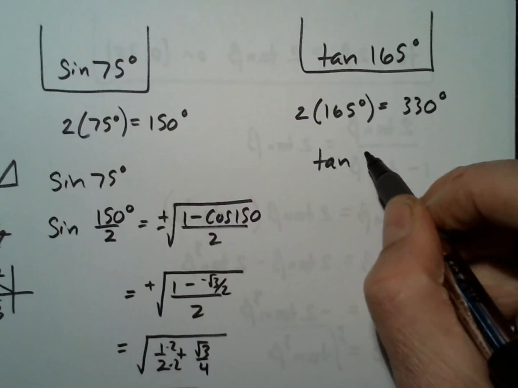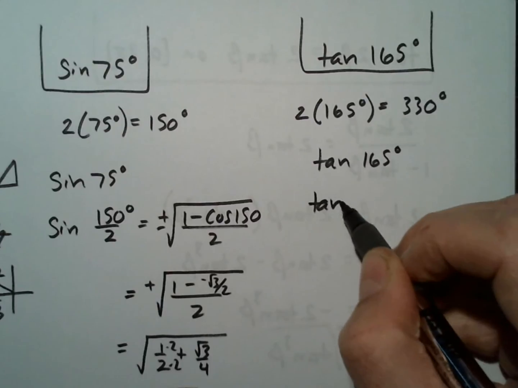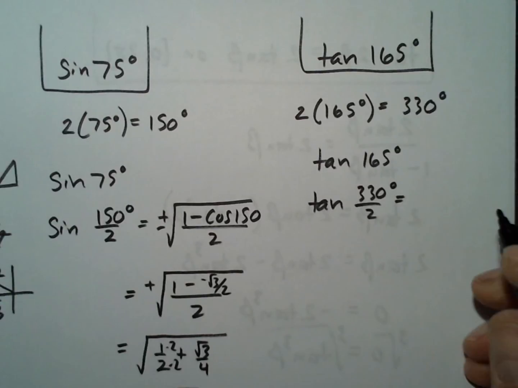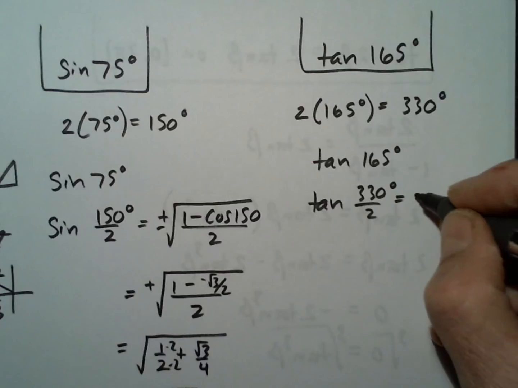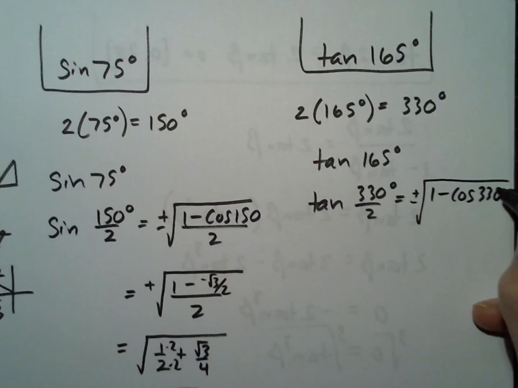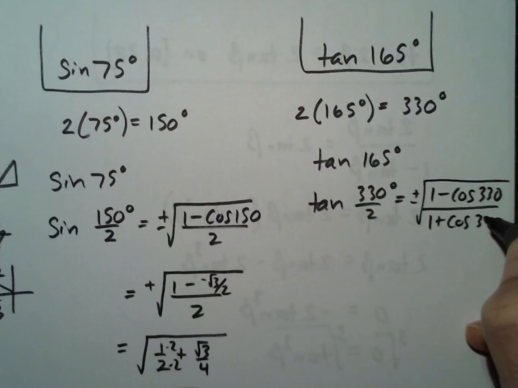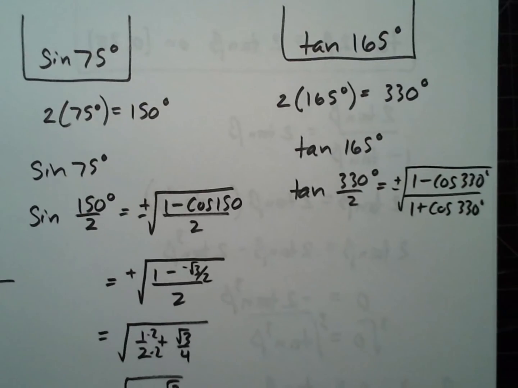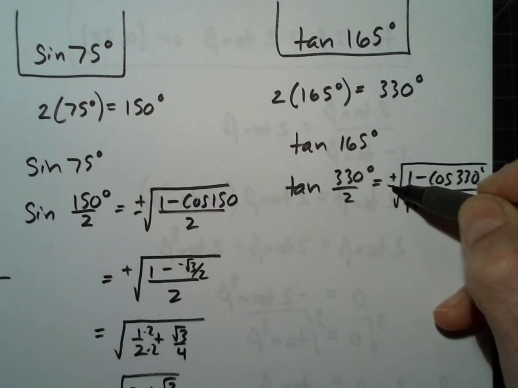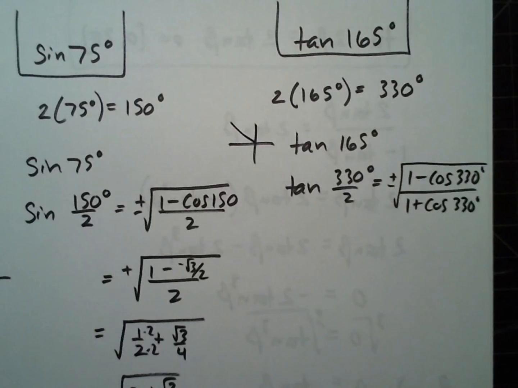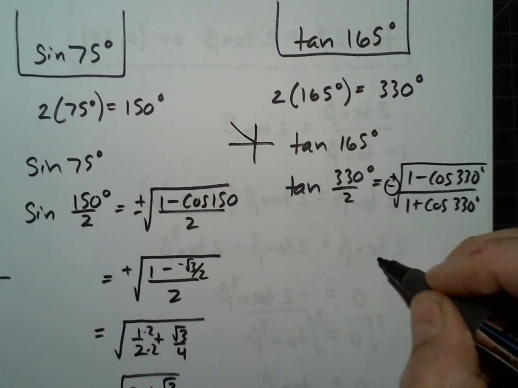We want to find tangent of 165, but let's rewrite it as the tangent of 330 over 2, because then we can use the formula for tangent, and that is positive or negative the square root of 1 minus cosine 330 over 1 plus cosine 330. We need to know whether it's going to be positive or negative. So 165, let's see where that is. 165 is there, and tangent is negative.